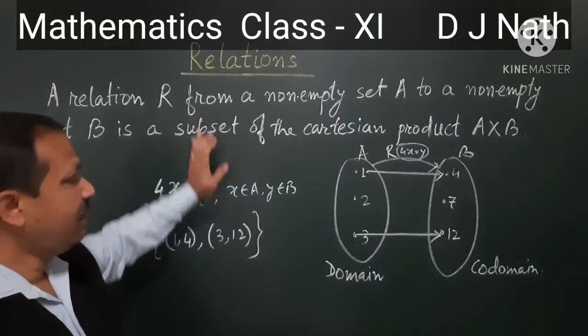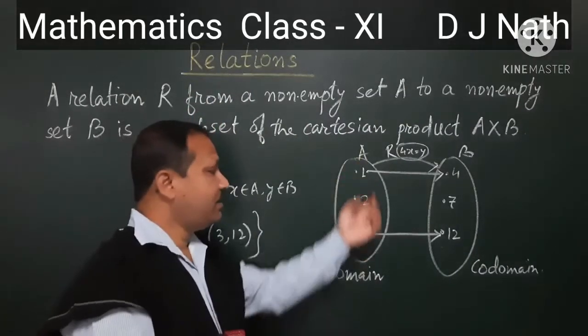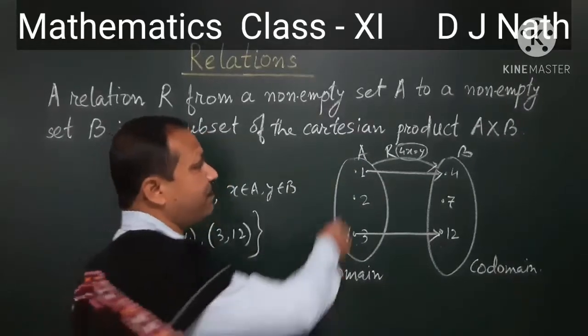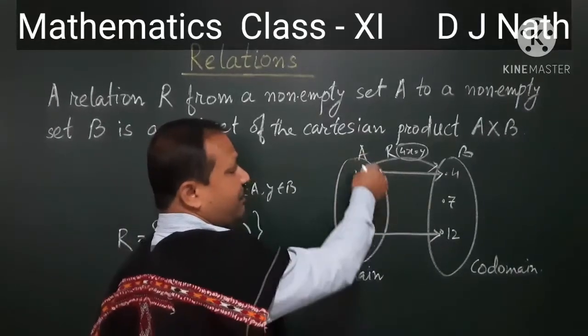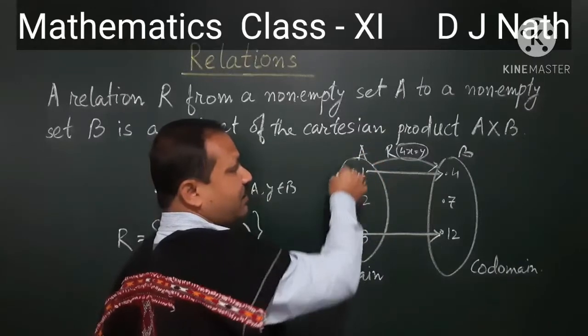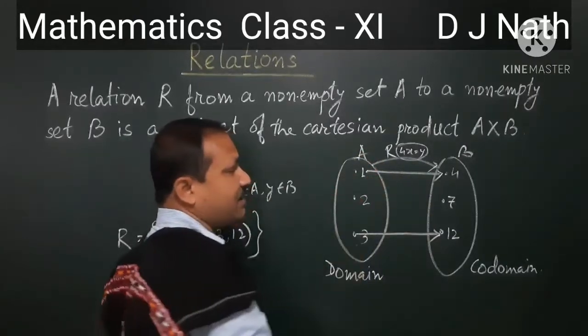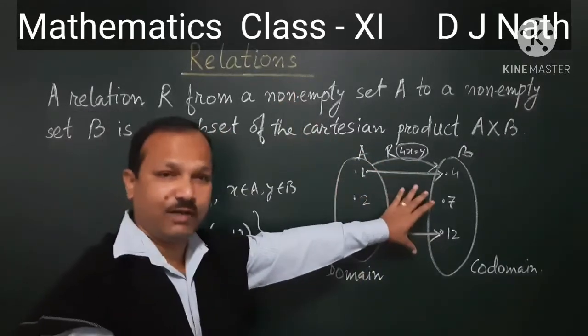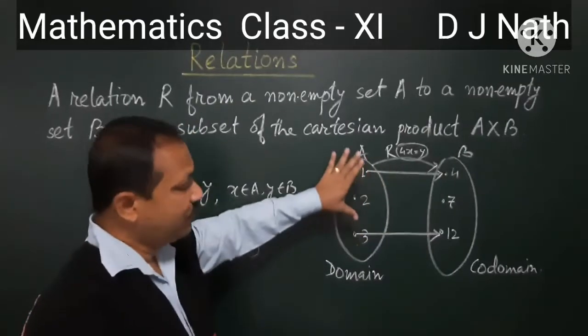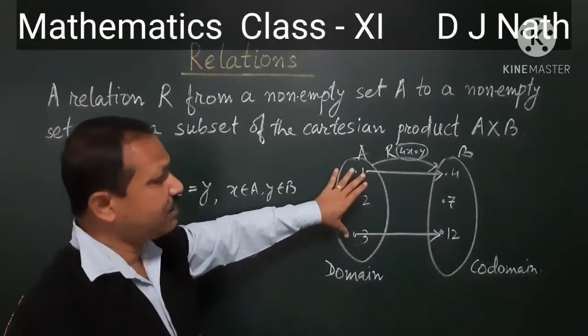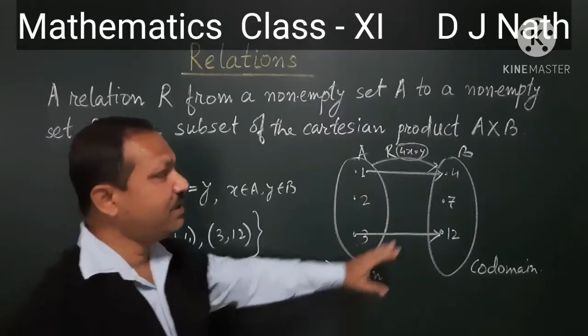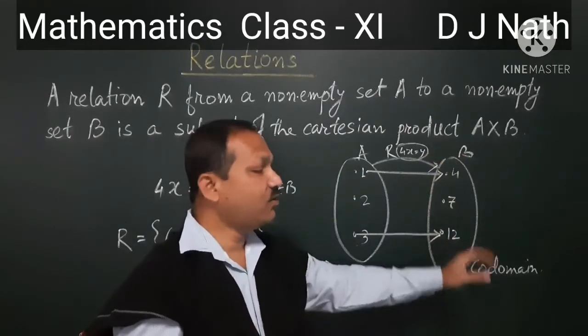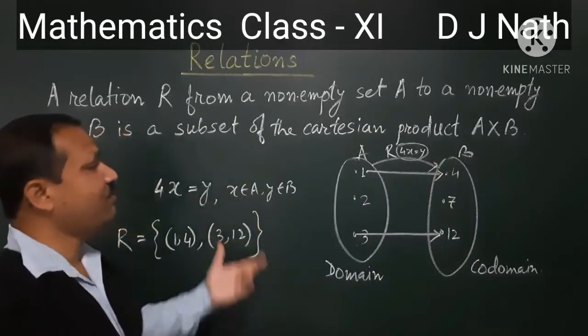Okay? Now what is the domain set? The set containing the first elements. Both the sets must be non-empty. So the set containing the first elements is called the domain set, and the second set is called the codomain set. Now here one more thing is there.